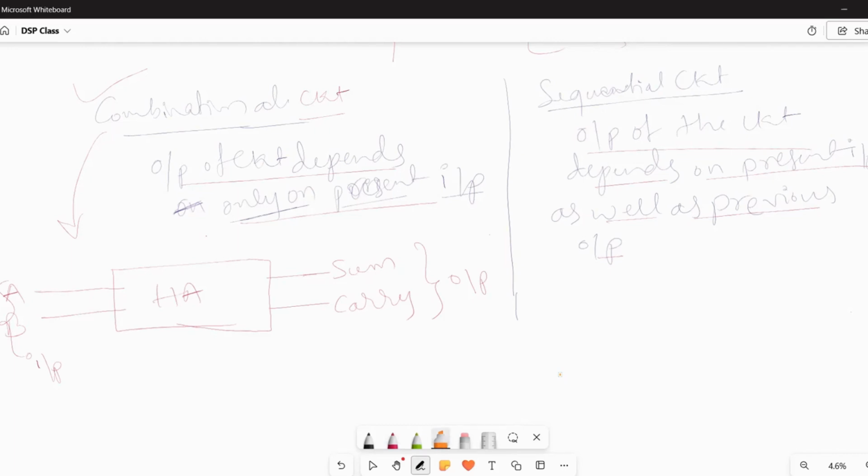In combinational circuits, you apply input 00, 01, 10, 11, and as per your input, immediately it will provide the output. Let me explain, one minute.